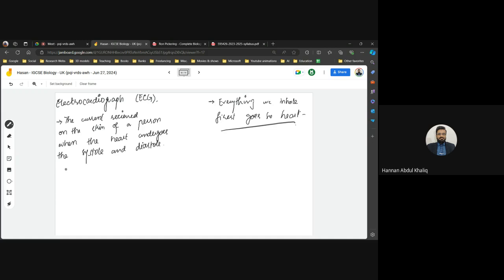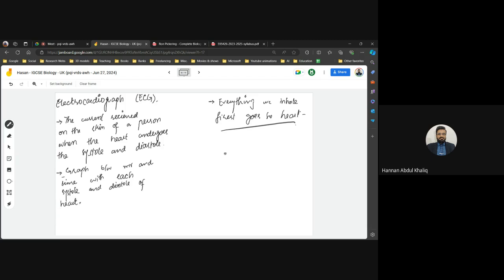Or you can also define it as the graph between millivolts and time with each systole and diastole of the heart, or you can say with each cardiac cycle.